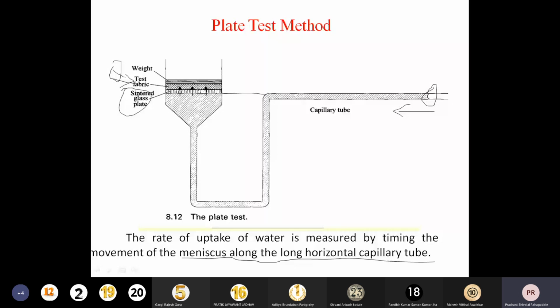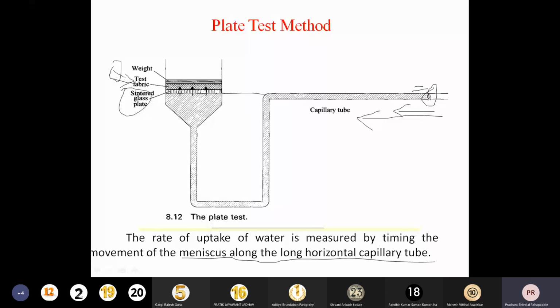This capillary tube, here the level, this meniscus, which looks round at the surface where your fabric is, that meniscus will now move along the capillary tube. That we have to know. We have to measure the timing by the movement of this meniscus along this horizontal capillary tube.